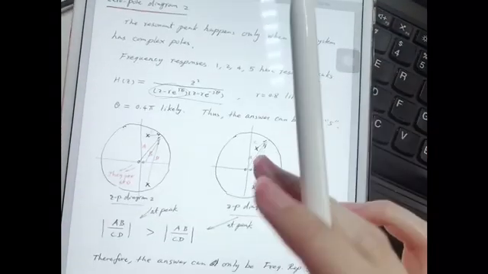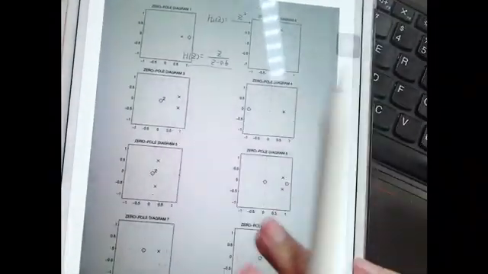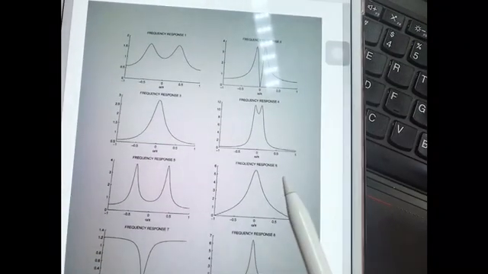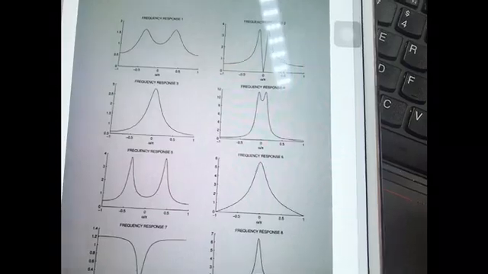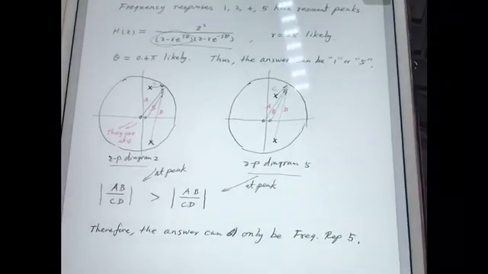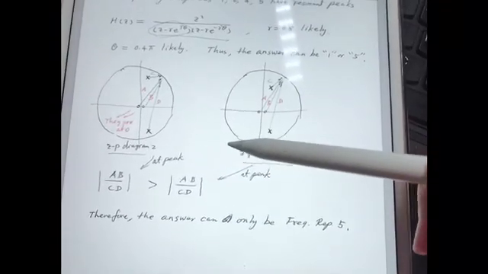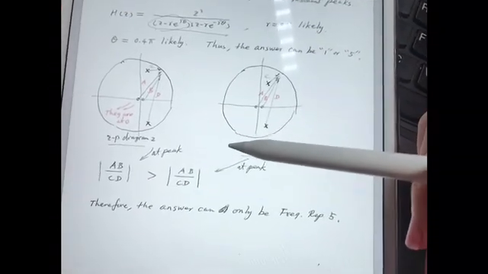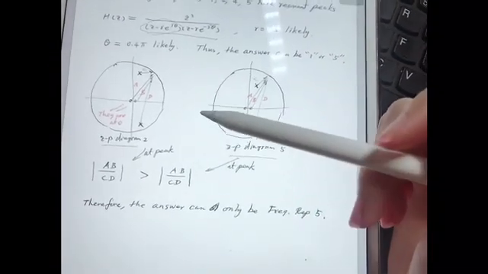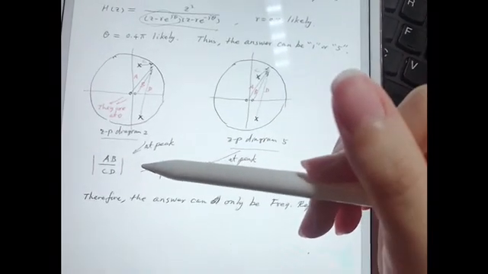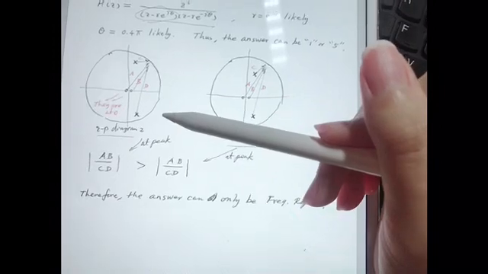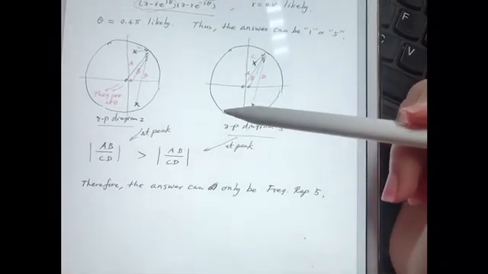Yeah, we can have a look at the figure. Maybe 1 or 5. But have a look at the specific explanation of these two figures. At the peak, AB divided by CD of this diagram is larger than in this diagram.